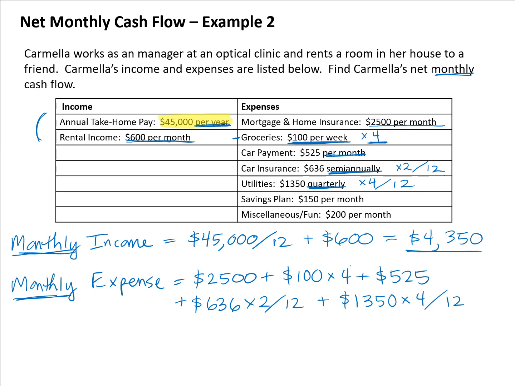The next two things in our expenses are per month. She has a savings plan of $150 a month plus miscellaneous and fun. She budgets $200 per month.